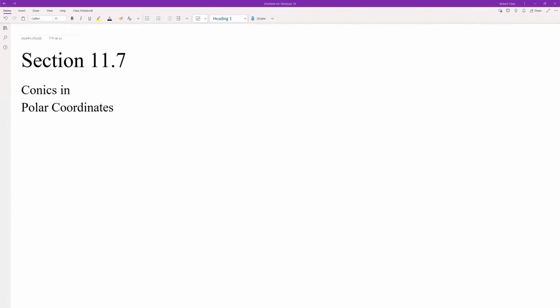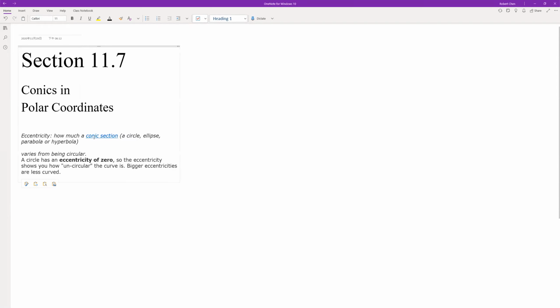We're going to look at conic sections in polar coordinates. Before we start on talking about the relationship between Cartesian and polar of conic sections, we want to introduce an idea called eccentricity. Eccentricity by definition is how much a conic section varies from being circular, so how far away they are from a circle.